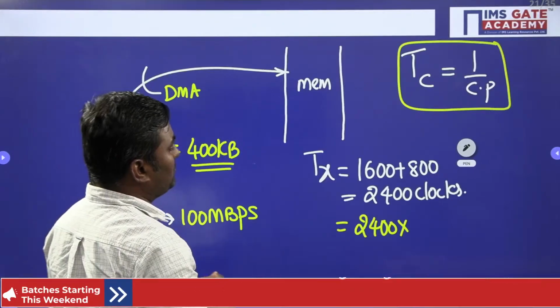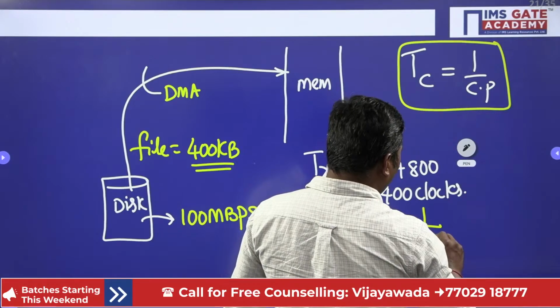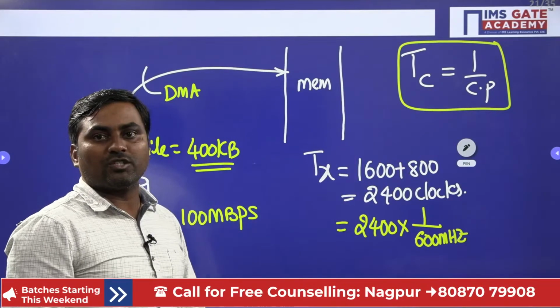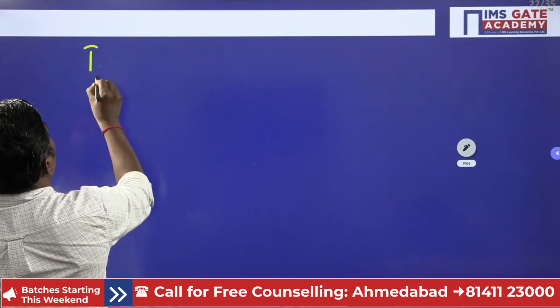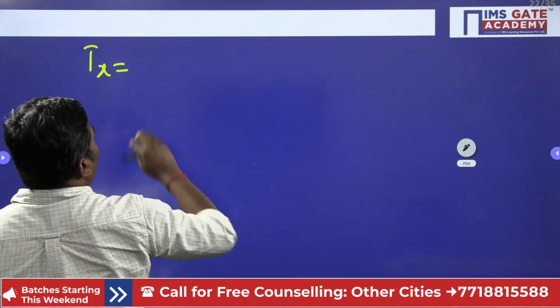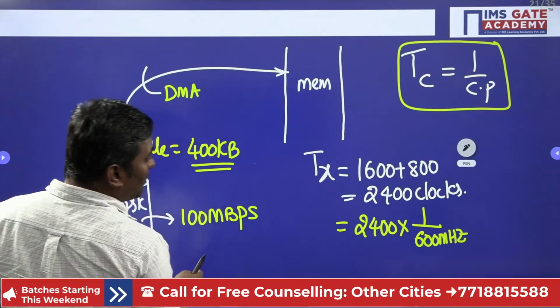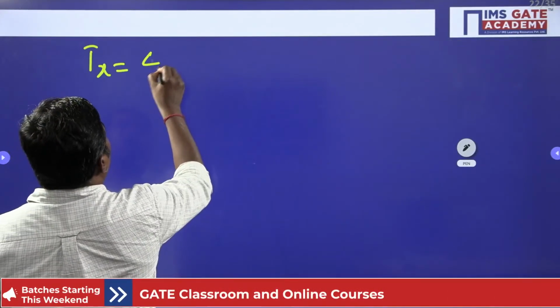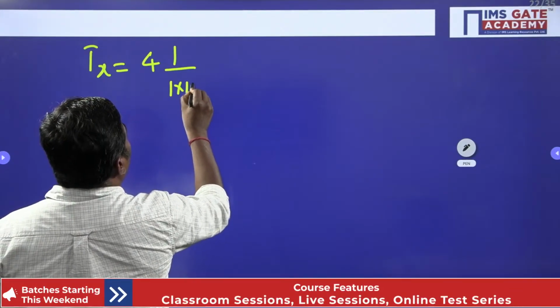600 megahertz. So 1 by 600 megahertz. Then what will the TX value be? TX equals 2400 by 600 megahertz. The zeros cancel, so we get 4 by 1 megahertz. 1 mega is nothing but 10 power of 6 hertz.